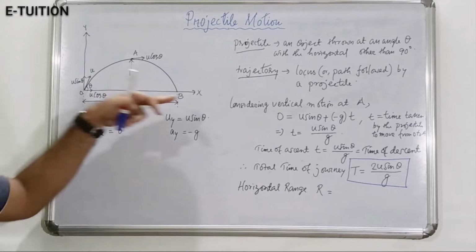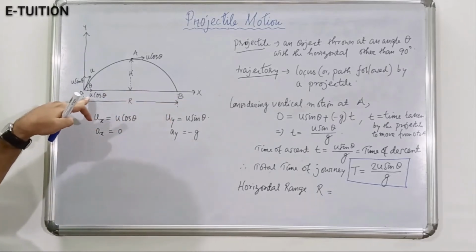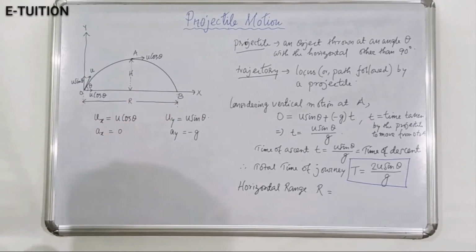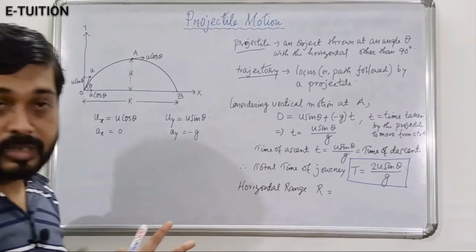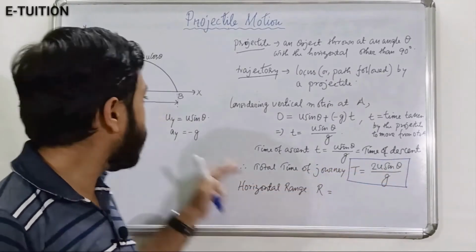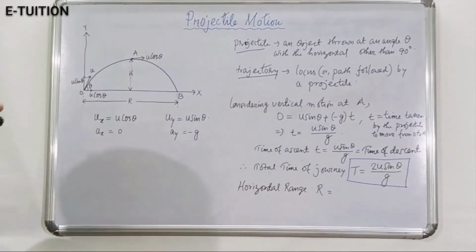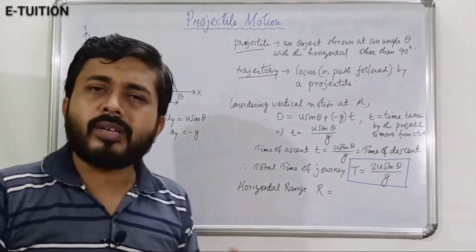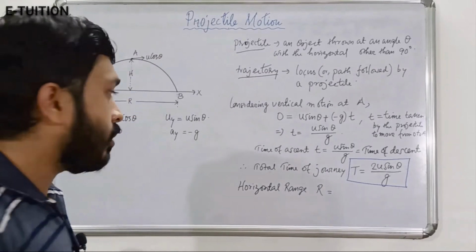Because along the x-axis the velocity is u cos theta, and the total time of journey is 2u sin theta by g. So u cos theta multiplied by 2u sin theta by g. Simply the distance equal to speed into time.